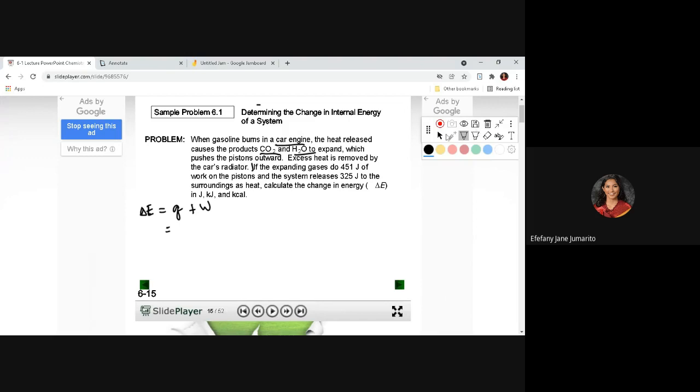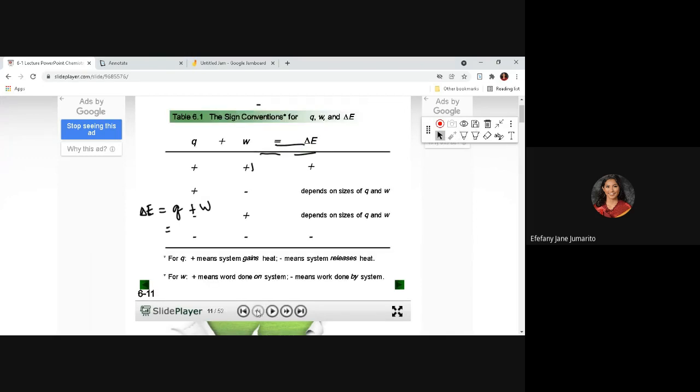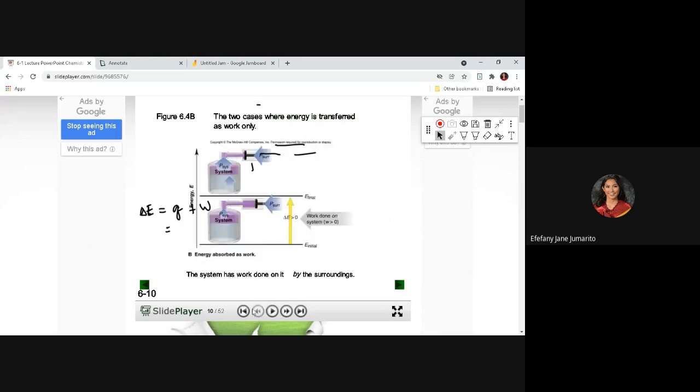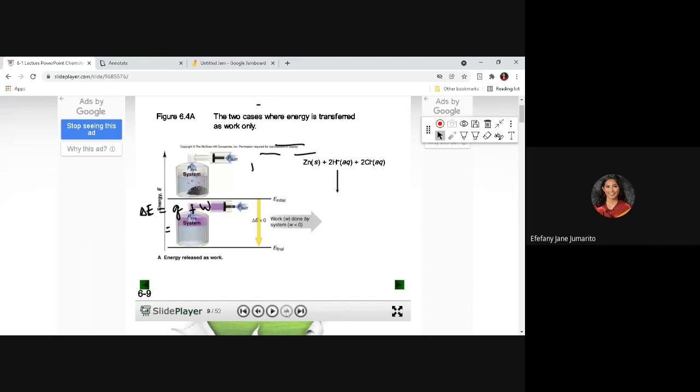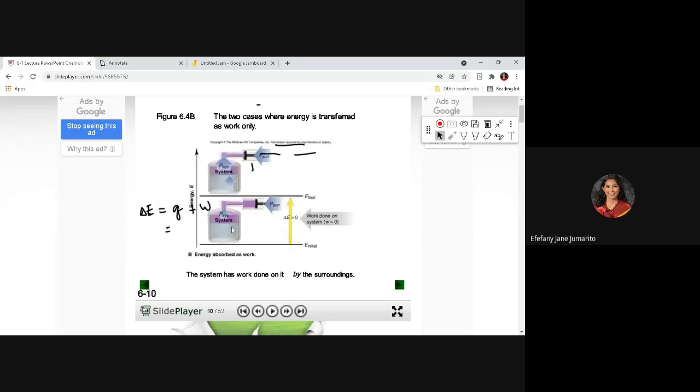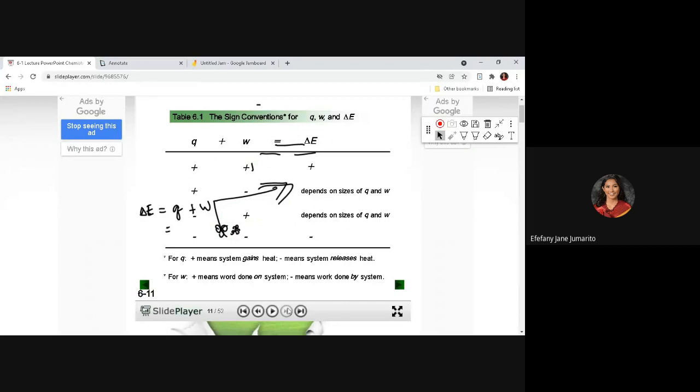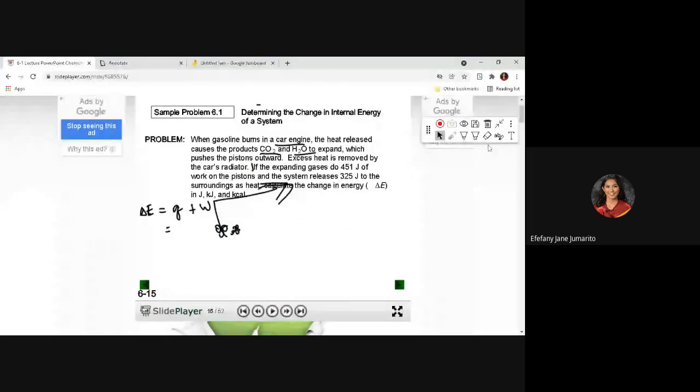If we have the piston, the CO2 and the H2O will move and do the work to expand and release the heat. So it will do the work.